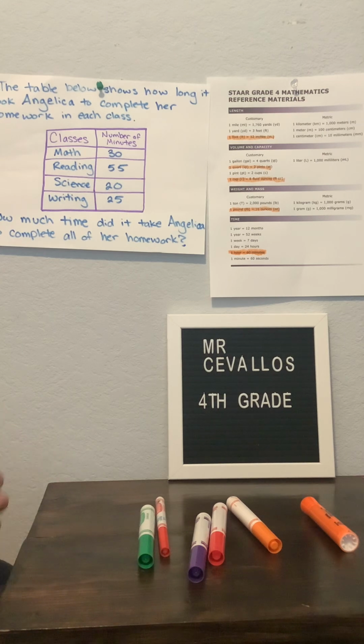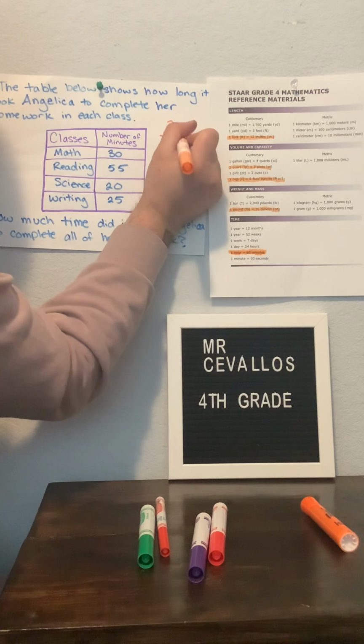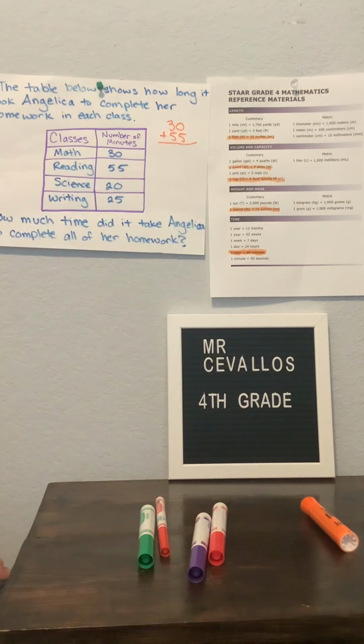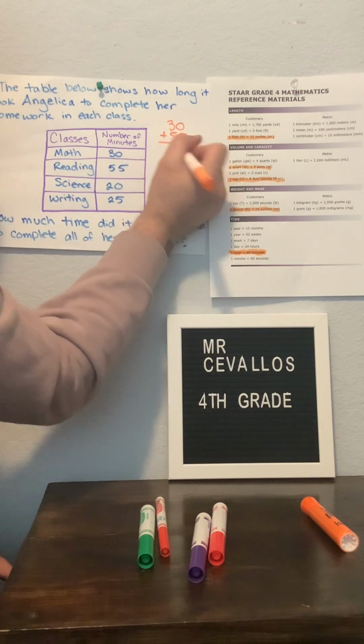So the question is, how much time did it take Angelica to complete all of her homework? That means we have to add all of them. So let's go ahead and begin. I'm going to start with my 30 minutes plus my 55 minutes. 5 plus nothing is 5, and 3 plus 5 is 8.